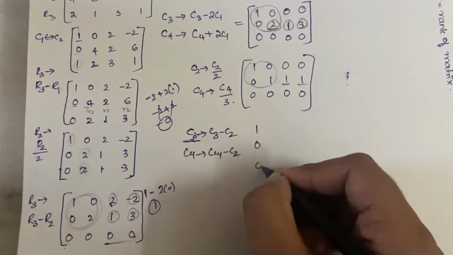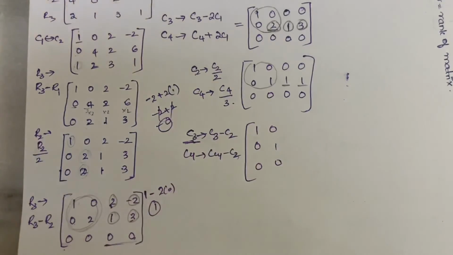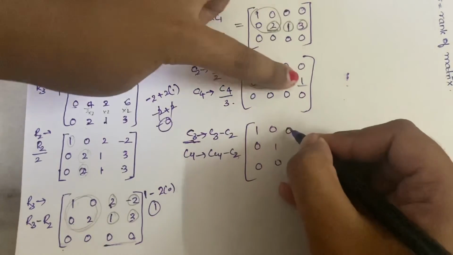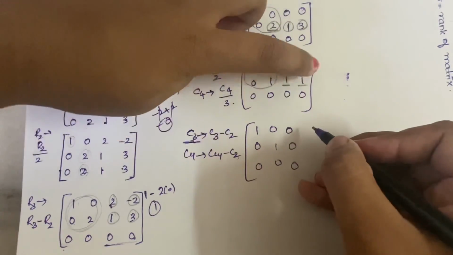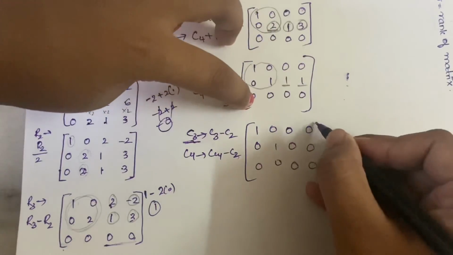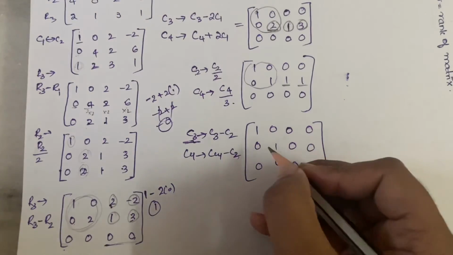So 1 0 0 0 1 0. Okay, next C3 will become C3 minus C2. So 0 minus 0, 0, 1 minus 1, 0, 0 minus 0, 0 again. Next C4 minus C2, 0 minus 0, 1 minus 1, 0 minus 0. Okay? So we are done with the problem now. Why?